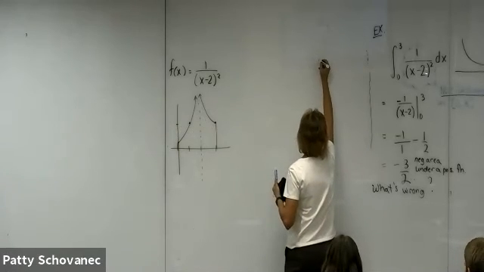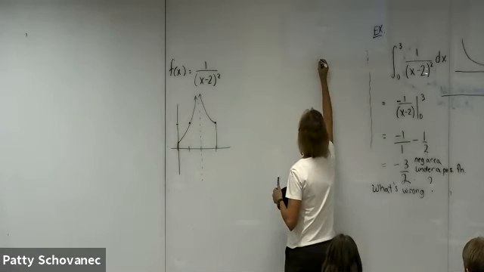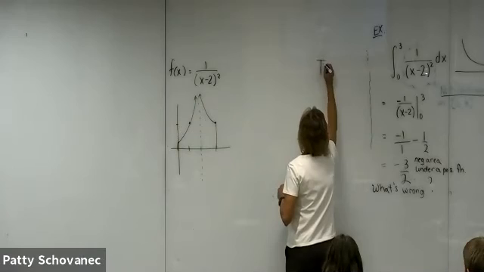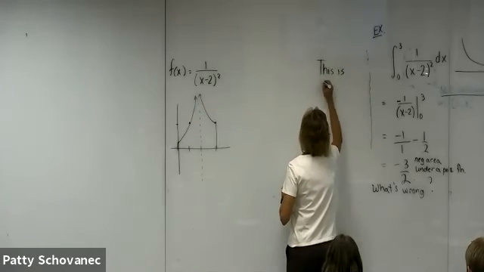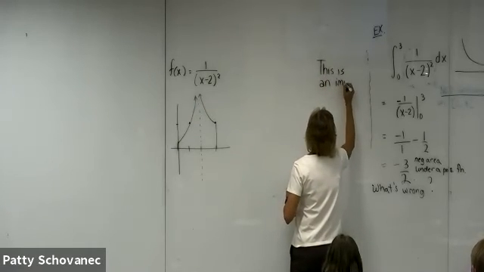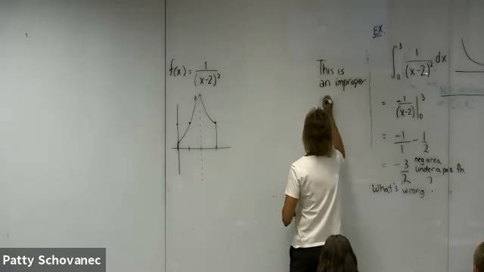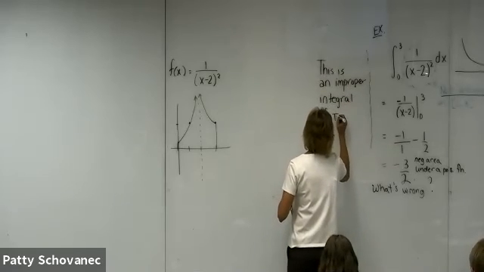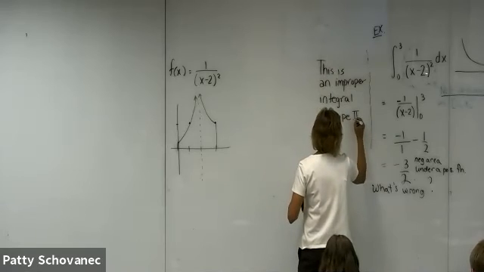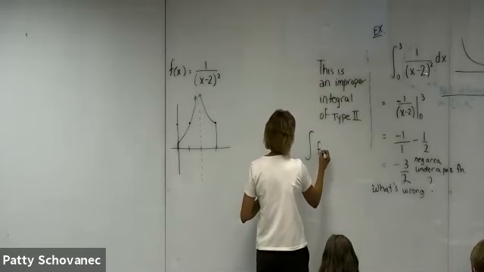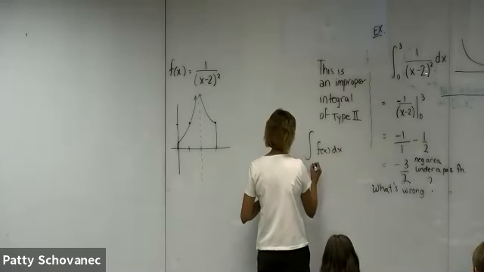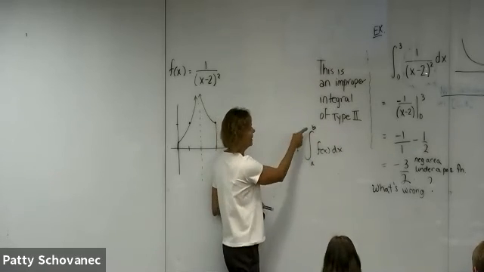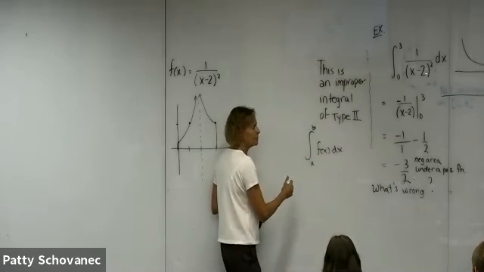We can always take care of a point discontinuity by integrating over subsets. So this is an improper integral of type 2, in which the function has a discontinuity either at x is a, at x is b, or at some point in between.